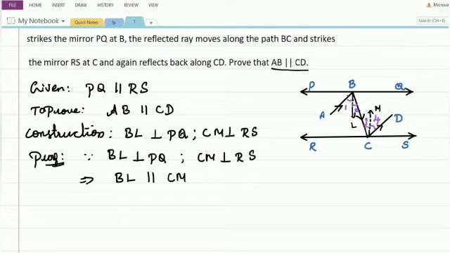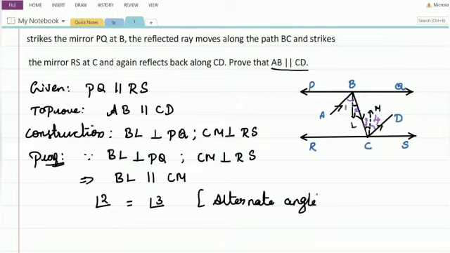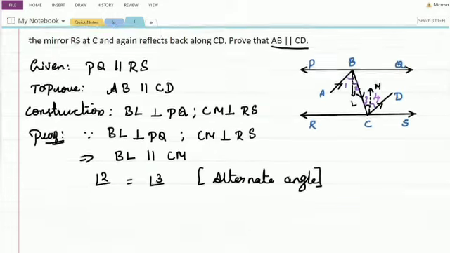Now look into the diagram. If BL is parallel to CM, then BC will be the transversal. What about this angle 2 and angle 3? Both the angles will be equal. Yes, angle 2 is equal to angle 3. Why? Because alternate angles are equal. And you have learned that angle of incidence will be equal to angle of reflection.